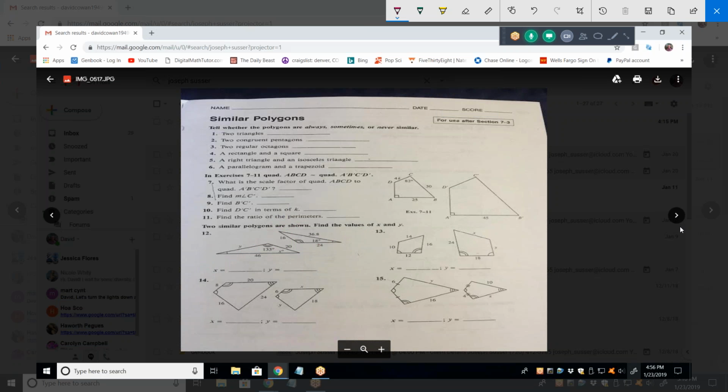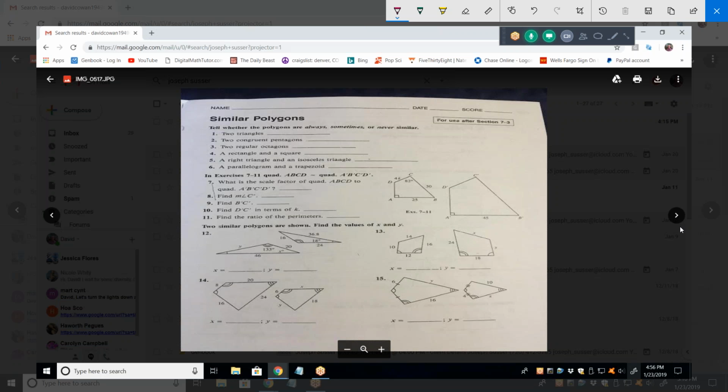Now, I want to know what y is. And what's kind of useful here is to know that x is an angle and y is a side. Well, they've told us that there's similar polygons. So how do I figure out? Give me an equation that gives the ratio equation where I can solve for y.